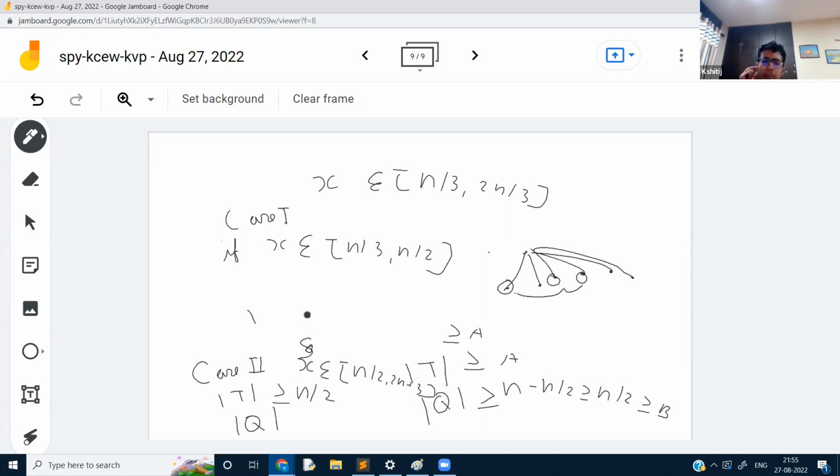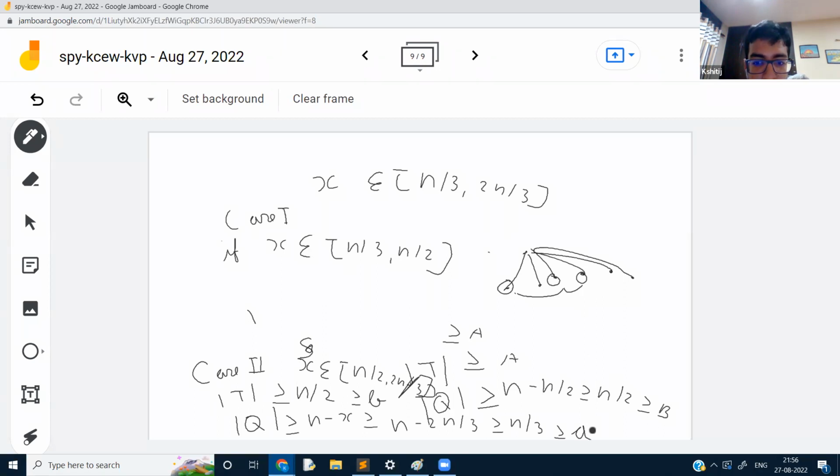And Q is at most n by 2. But we need to show it's also always at least A. Now since this is at most 2n by 3, this is greater than n minus 2n by 3, n by 3. This is at least A and this is at least B.